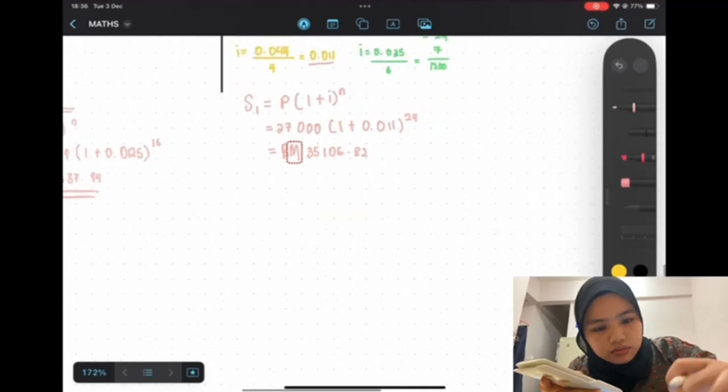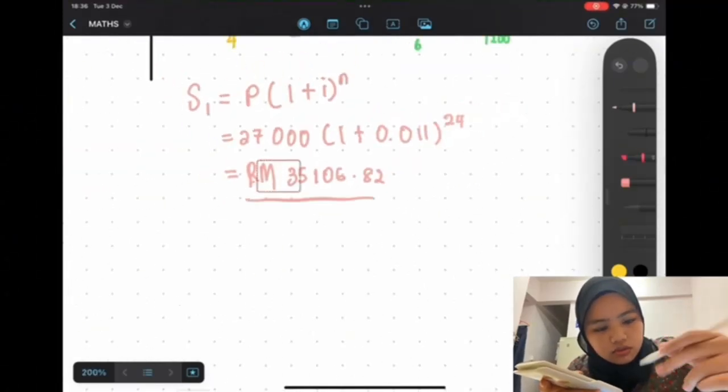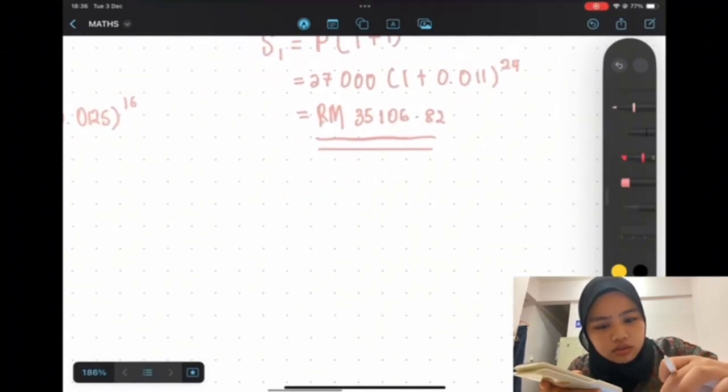So this is the amount for the first 6 years.